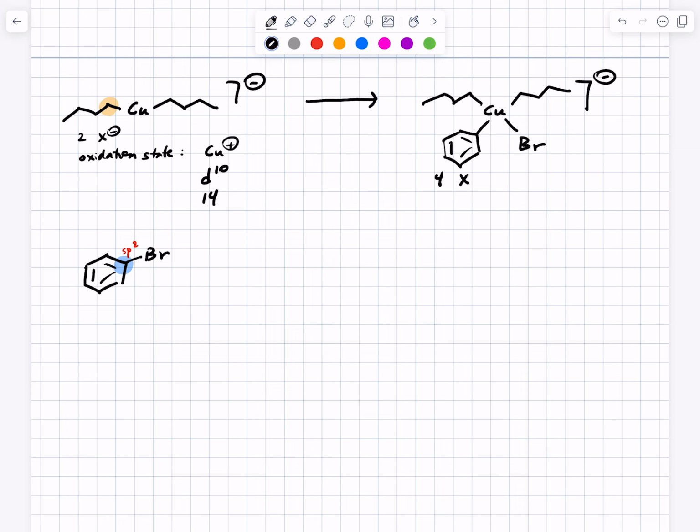So we have 4 X-type ligands. Therefore, the oxidation state on copper is what? Gotta be 3. How do you know it's 3? Because the overall charge is minus 4 negatively charged ligands. The only way to balance that is if copper is now at +3. That tells you that this reaction step was an oxidation.